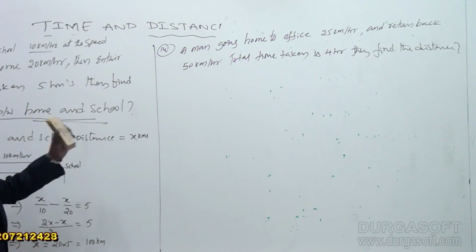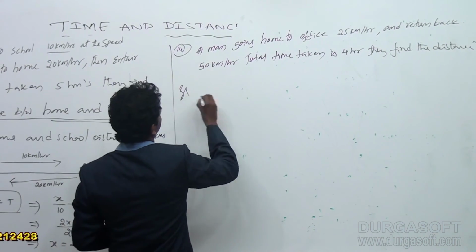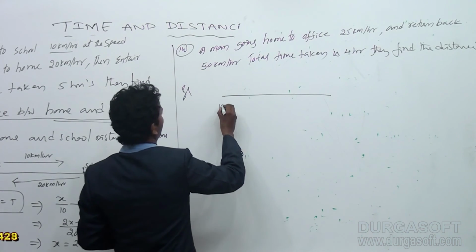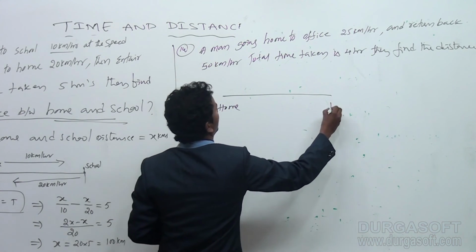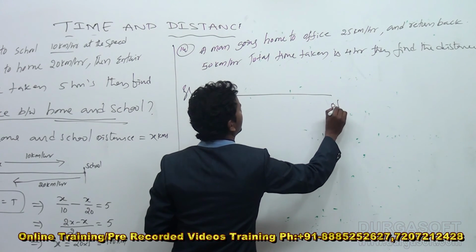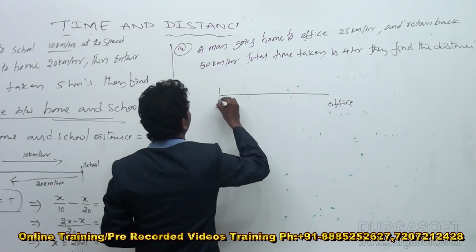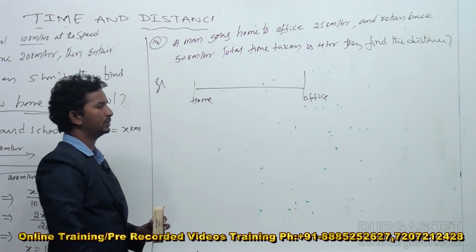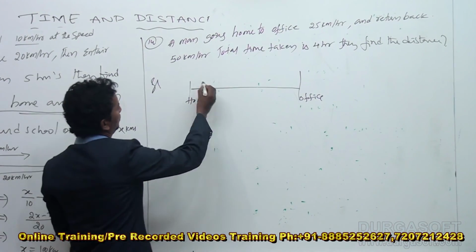Now again I am taking the home and the office. This distance is also constant. Taking the total distance as x. The man goes at 25 kilometers per hour and returns at 50 kilometers per hour, so the speed increases on return. Distance is x.